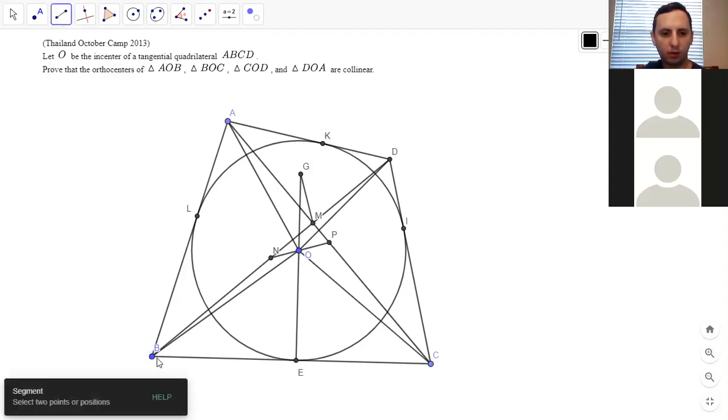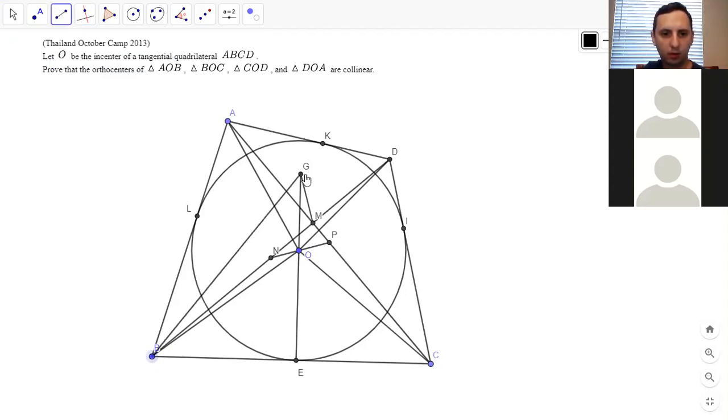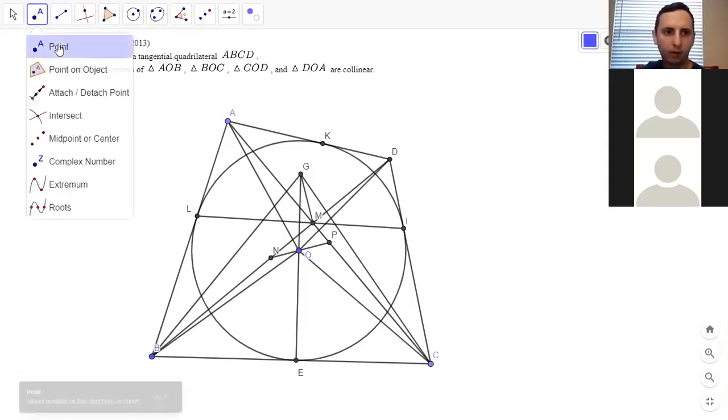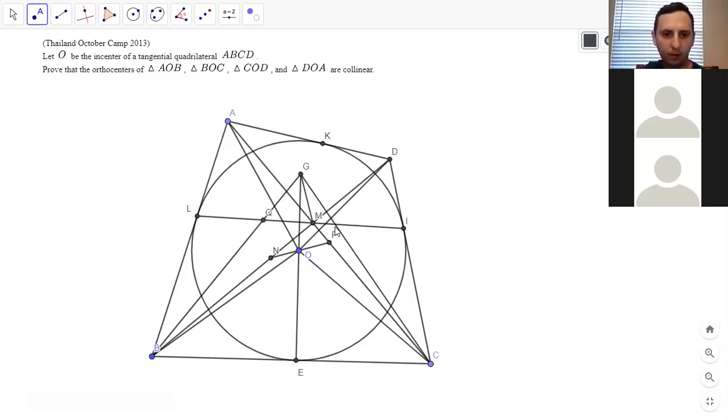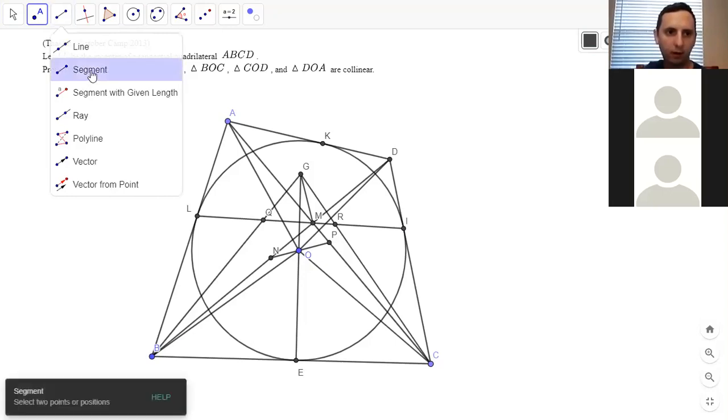They're on line LMI. Oh, interesting. So these are actually the two feet of the perpendiculars. Yep. I didn't know that.